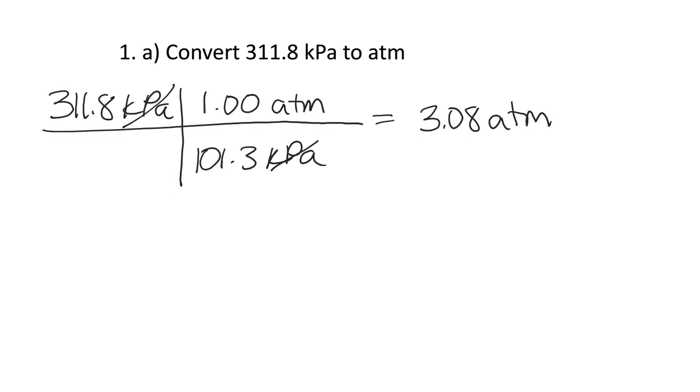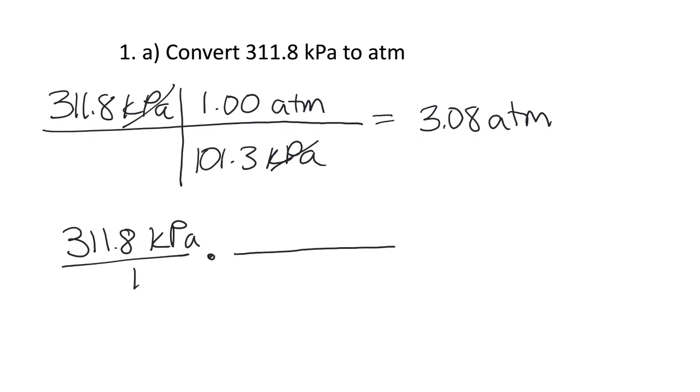Now, if you're doing it with the units canceling version, you're going to do 3.11 kPa over 1 times, and then you're still going to need your two units, 101.3 kPa and 1.00 ATM. And this cancels.